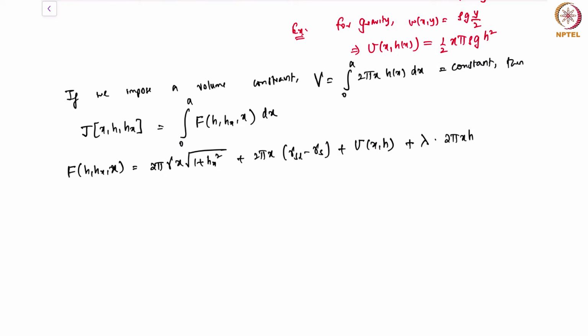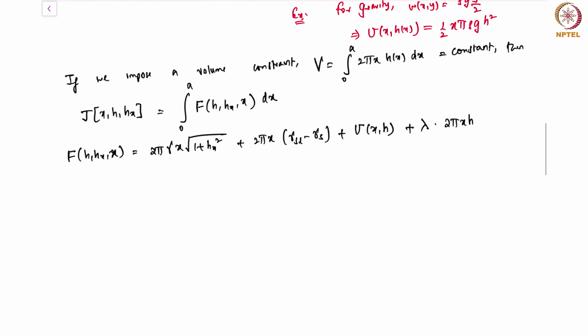Note that we still have to do an integration from 0 to a to get the total energy functional. So the idea is we want to do a minimization on this.